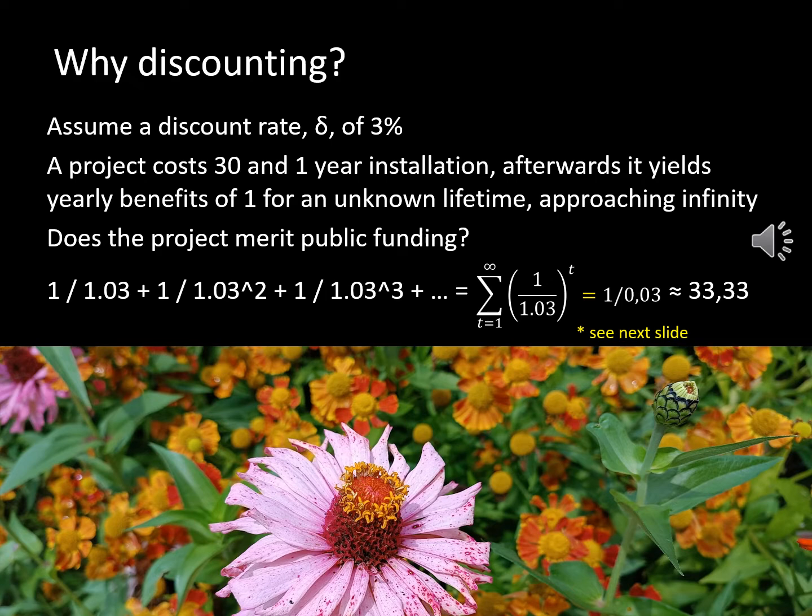Would the project merit public funding? Suppose again that the discount rate is 3%. This is a question of cost-benefit analysis in rather abstract terms. For this hypothetical project, the discounted benefit would outweigh the initial startup costs, and it could deserve public funding.